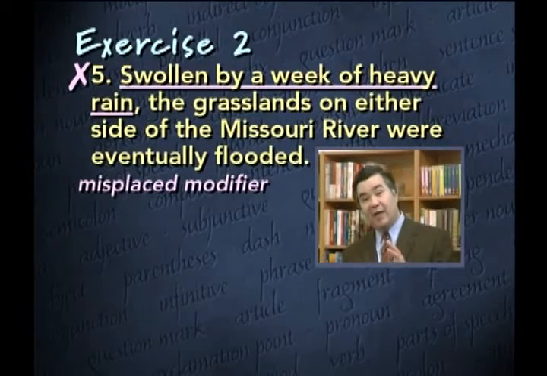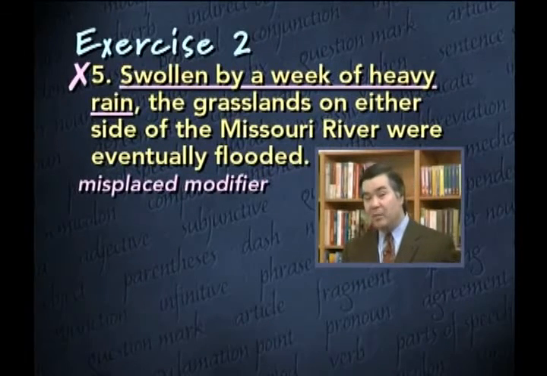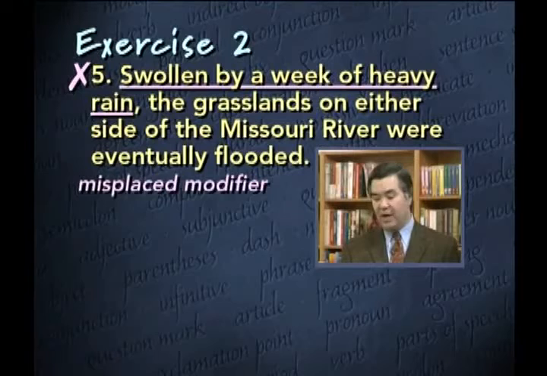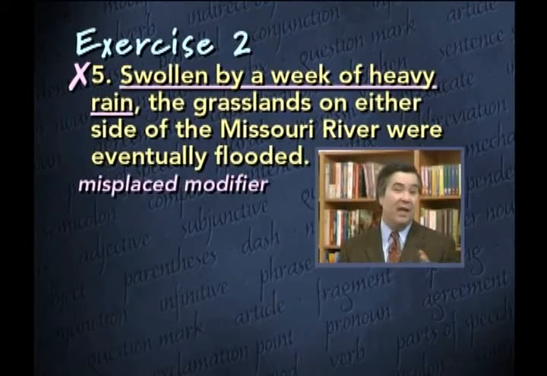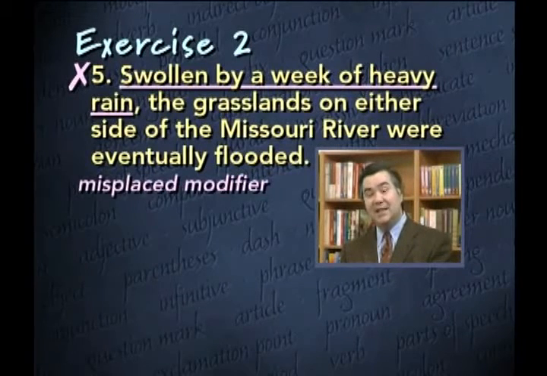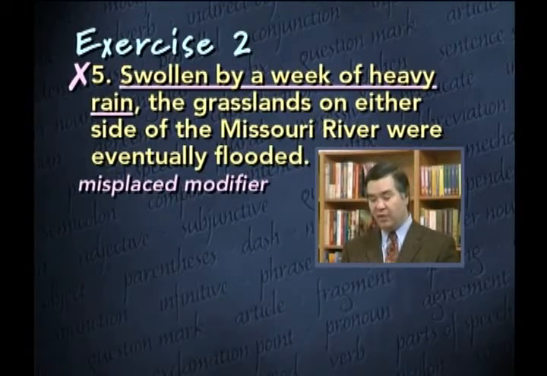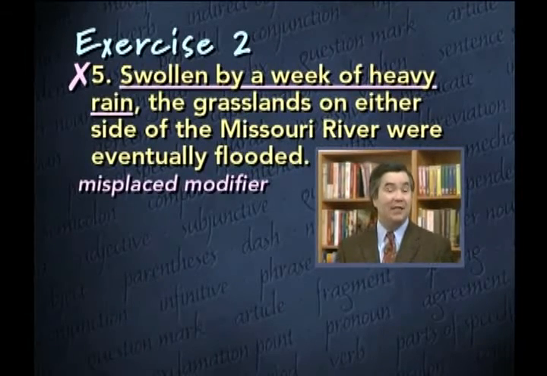Now, since we have a misplaced modifier in this sentence, we could fix it by moving the entire modifying phrase to follow the words Missouri River. But a less awkward and easier to read sentence would probably be the result if we instead moved the words Missouri River to immediately follow the modifying phrase at the beginning of the sentence.